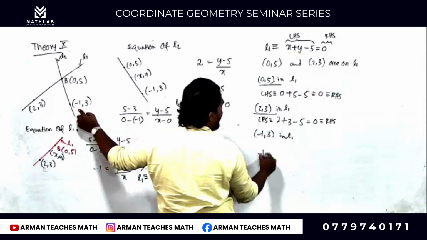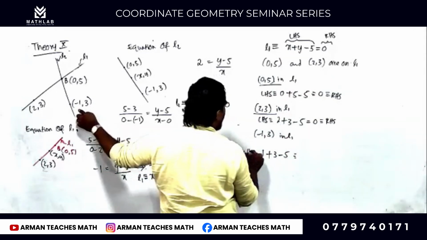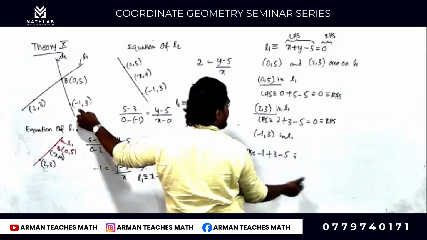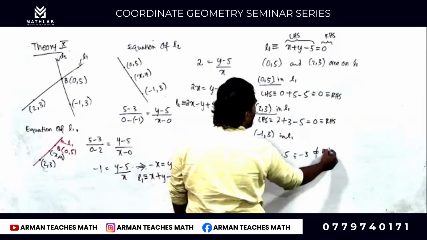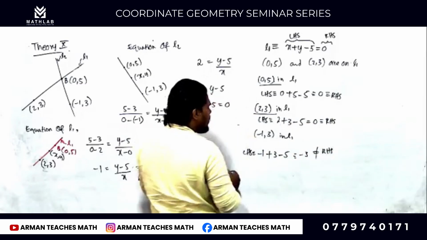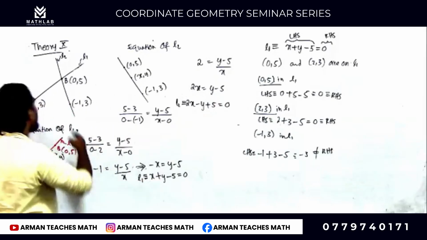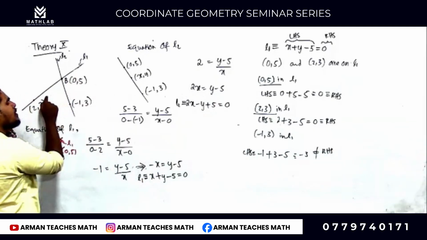What is this left hand side expression? Minus 1 minus 5 minus 6 plus 3 is equal to minus 3. This is not equal to the right hand side expression. So when you substitute a coordinate which is not on the straight line L1, this one will not satisfy this equation.